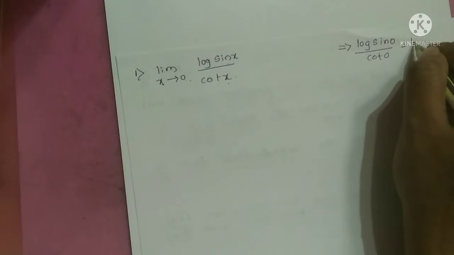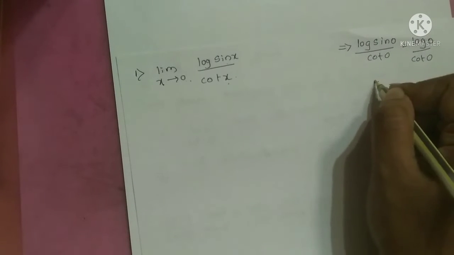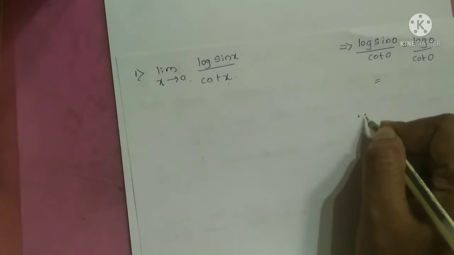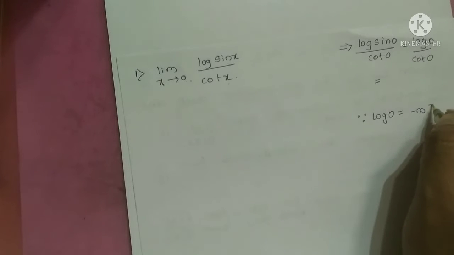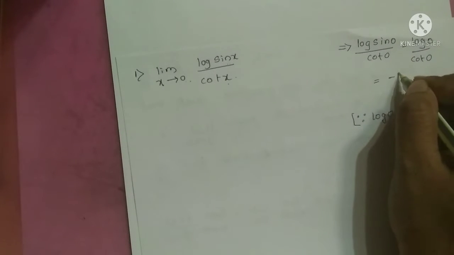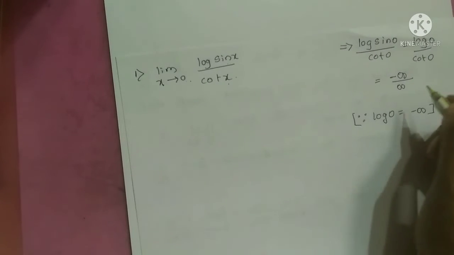As you all know, sin 0 is 0, so log 0, since the value of log 0 is minus infinity. Remember, the value of log 0 is minus infinity. The numerator becomes minus infinity. In the denominator, the value of cot 0 is infinity.